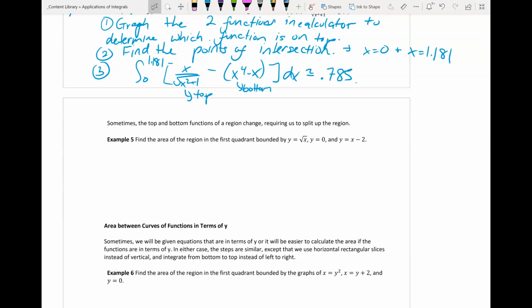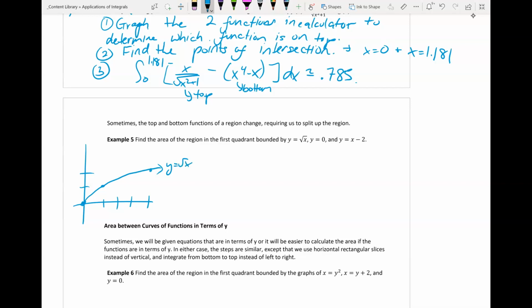Okay, another example. I'm going to graph this first. We have y equals the root of x. We don't know what our bounds are, so we will have to find it. Okay, so that's y equals the root of x.